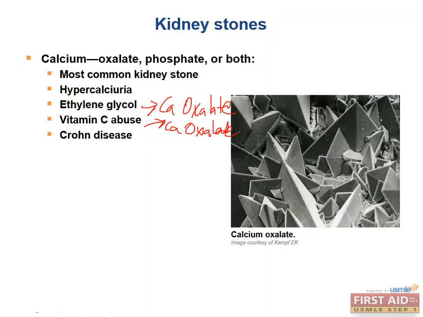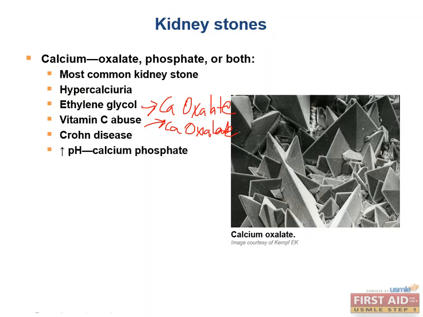Therefore, the calcium is not able to bind to oxalate inside the small intestine because it's bound up by all the fat. And the oxalate then gets absorbed because it's not precipitating as calcium oxalate. And with all that oxalate in the blood, it's going to get passed out through the urine. And in the urine with a high concentration of oxalate, we get precipitation of calcium oxalate stones in the urine.